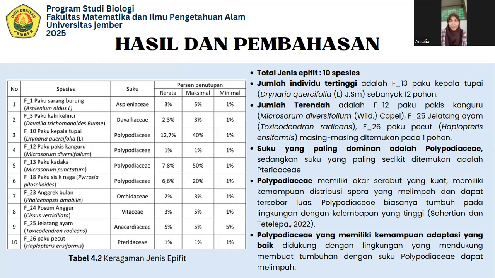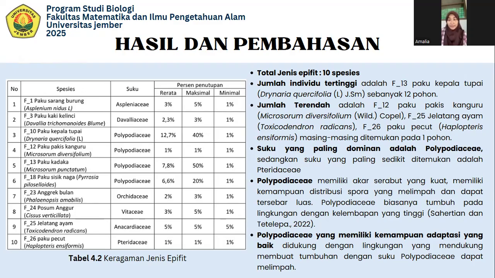The highest number of individuals is F13, the name is Drynaria quercifolia, which we found on 12 trees, and the lowest numbers were F12, the species Microsorum diversifolium, F25, Toxicodendron radicans, and F26, the species Haplopteris ensiformis. Each is found on one tree only.